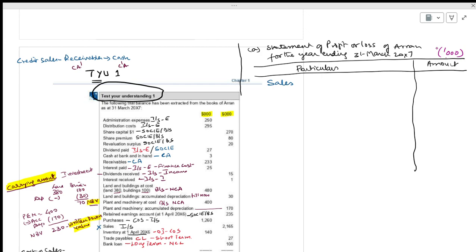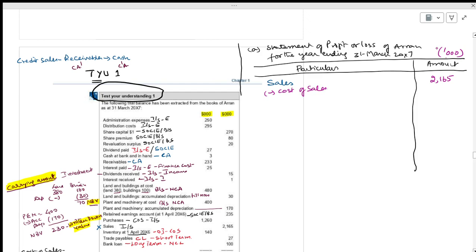The sales is 2,165. Next, minus cost of sales.